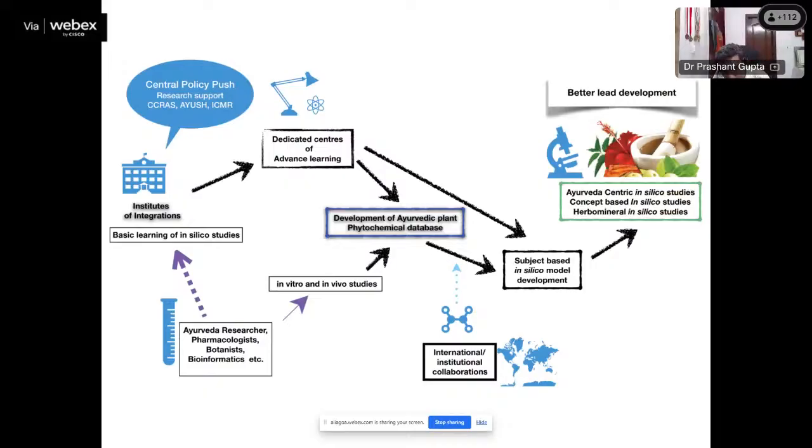Then the database would develop, then subject based in silico models. Nowadays, yes, herbo-minerals we can do. Initially we were able to do the herbs only. Now minerals can also be done in our lab with in silico models. Then international collaboration is possible. Then Ayurveda centric, concept centric in silico studies.